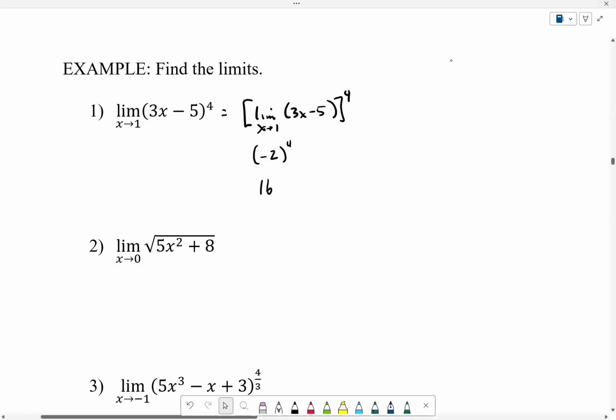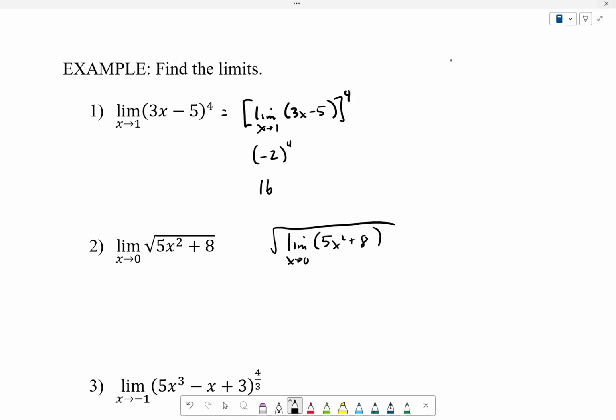That's how it works. Hey, there's a radical. What are we supposed to do with that limit? Just put it inside the radical. It's okay. Inside, we're left with a square root of 8.